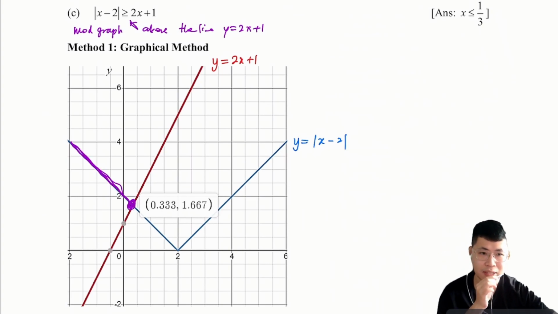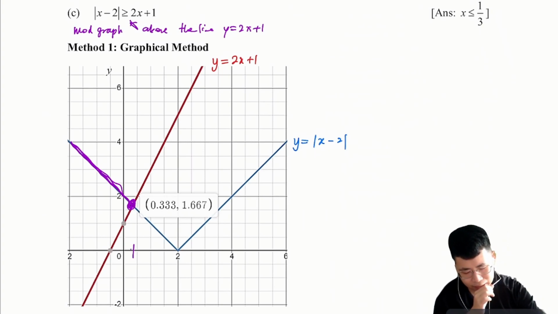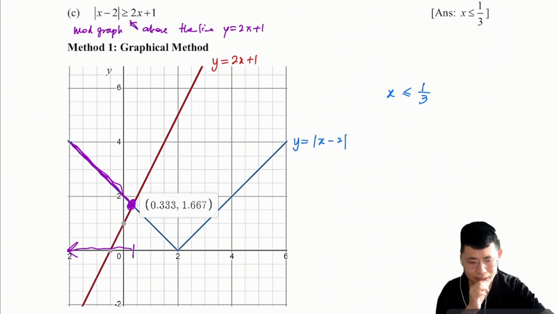It will be just this point over here and before. So the corresponding range of x will be before this point. So if we were to solve, x would be less than or equal to 1/3 over here.